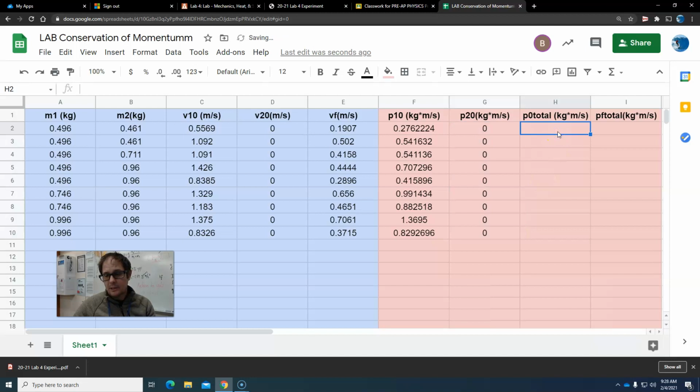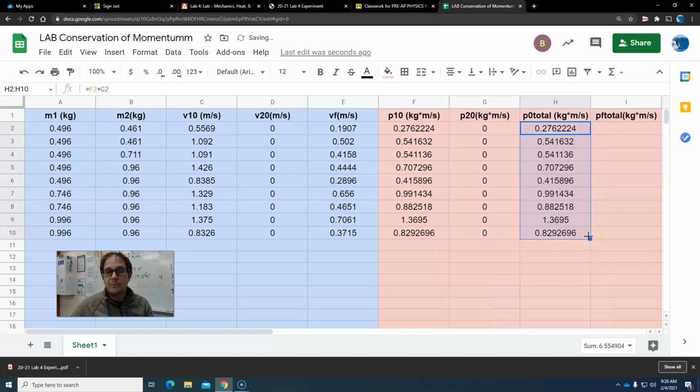And because the total momentum is the sum of the momenta, this plus 0 is going to be this. The initial momentum is the momentum of the first car because the second wasn't moving.